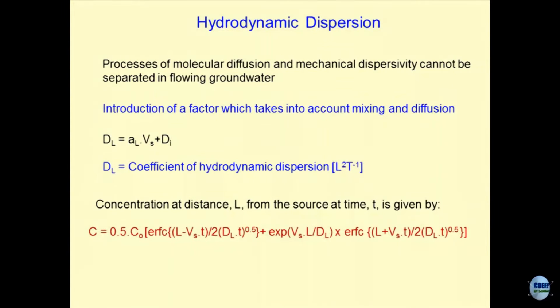So, L would be the distance of the point where I want to find out the concentration. This can be obtained by using this type of expressions. So, these are simple models which are used for obtaining the concentration of contaminants in the porous media.